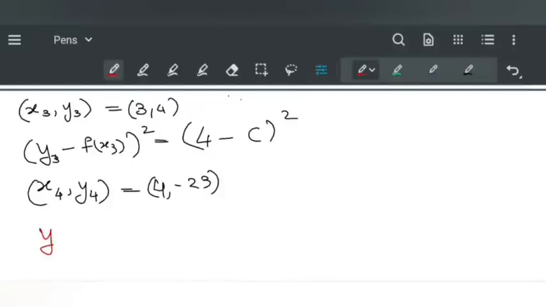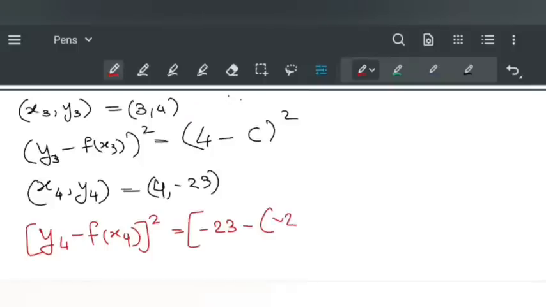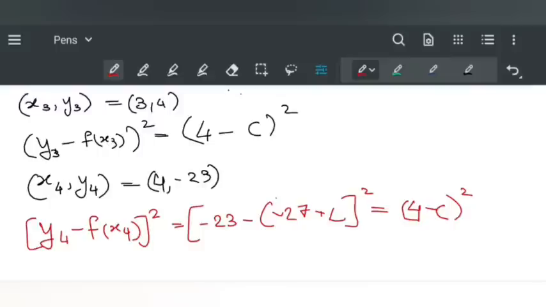So y4 minus f of x4 whole square is equal to minus 23, and the f of x4 value is minus 27 plus c. Hence the fourth term will be 4 minus c whole square. The fifth term, x5 comma y5 is equal to 5 comma 4, which again gives the fifth term as 4 minus c whole square.